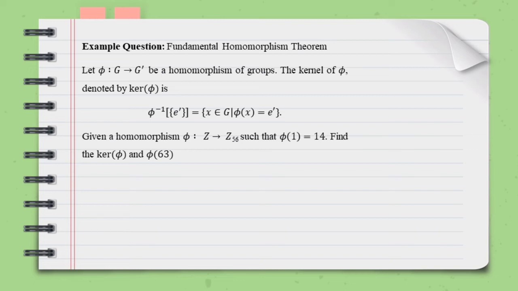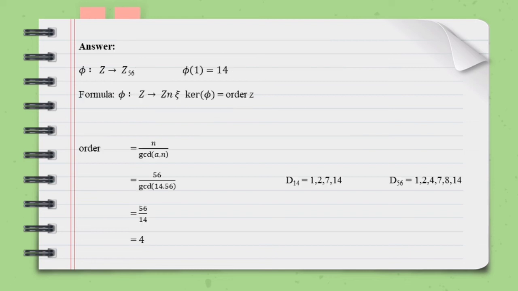Given a homomorphism phi from the integers onto the group of integers modulo 56 such that phi(1) equals 14, find the kernel of phi and phi(60). Next, we proceed to the solution.